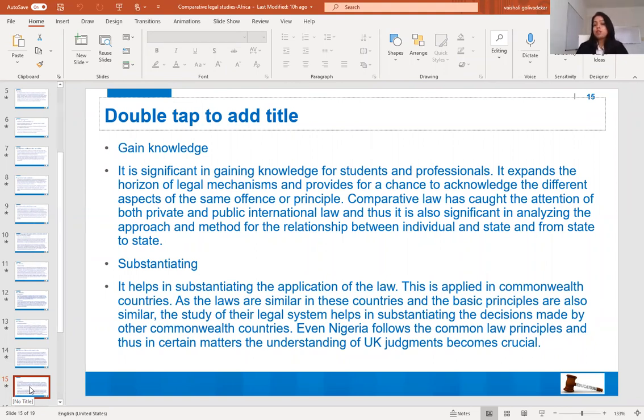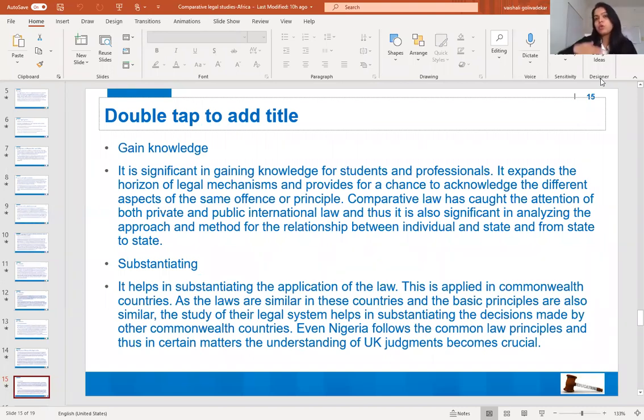In common law, more importance is given to judicial decisions. So what is the main difference between common law and civil law? In common law, more value is given to judicial decisions, which we call precedent. So precedent, or law made by judges, is more important in Nigeria. Why?